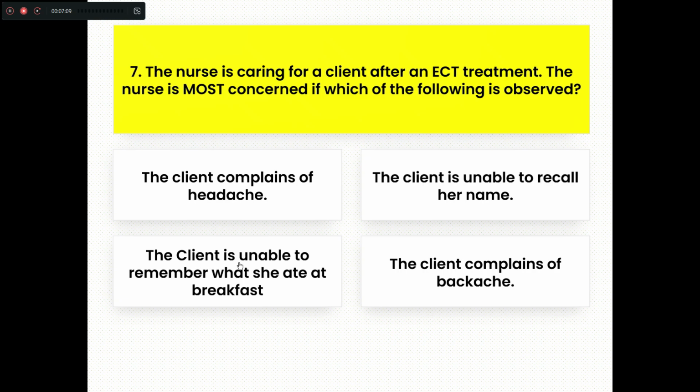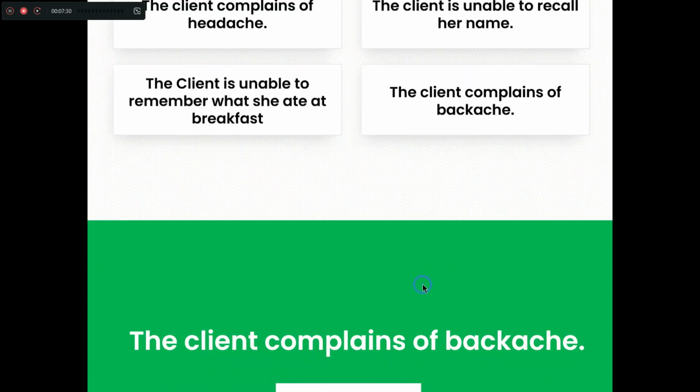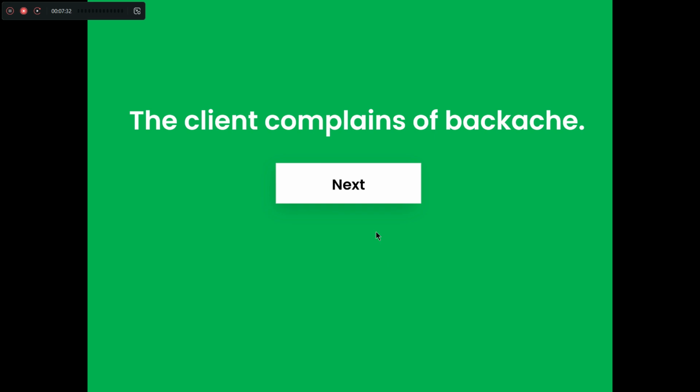Option C, the client is unable to remember what she ate at breakfast. Option D, the client complains of backache. All these complaints are more common except option D, the complaint of backache, which is unusual. So that has to be looked at for the priority treatment.